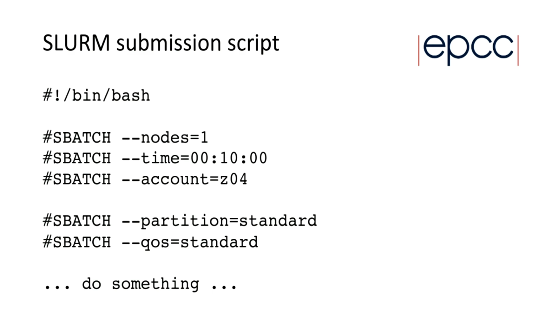So here are a number of examples of options which are needed. This is about the minimal example I think will run on the system. So in order to submit a job, we need to tell Slurm what resources we're going to need. So I've asked for one node, --nodes=1.